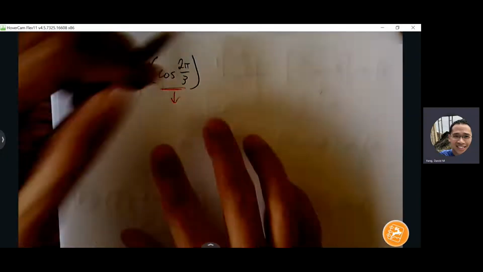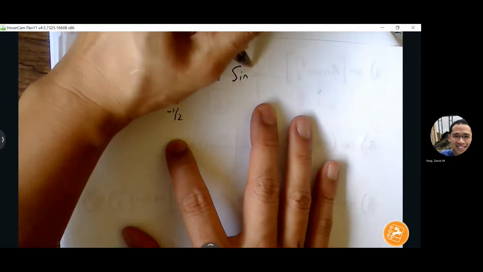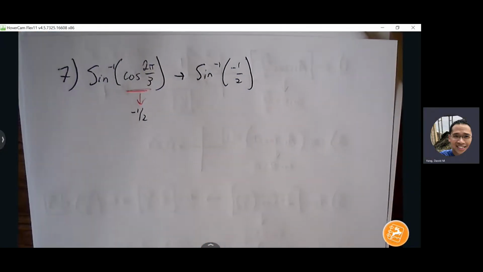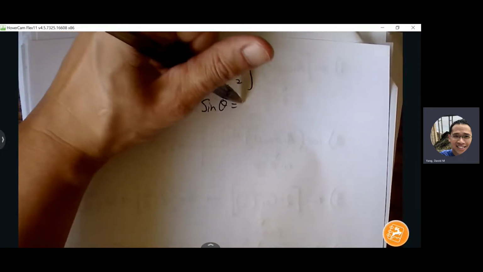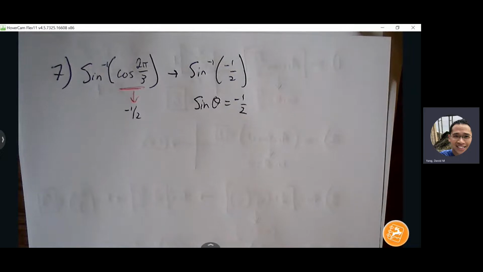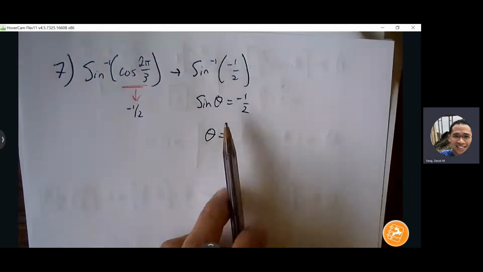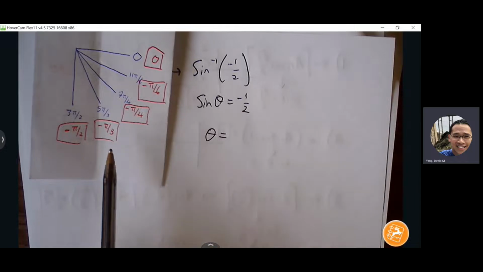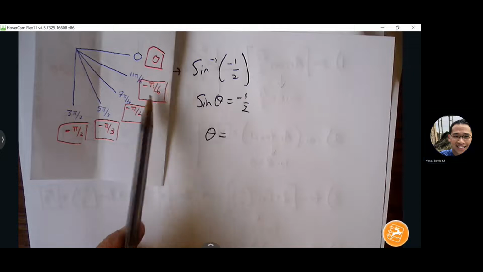Negative 1/2, right? Shifting over to sine, we're going to ask ourselves, when is sine of theta equal to negative 1/2? Remember, sine is first and fourth quadrant, principal values. Where's sine equal to negative 1/2? Yeah, negative pi over 6.